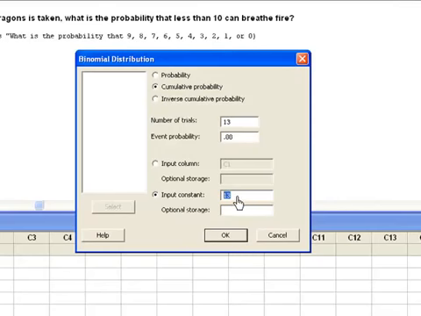And now for my input constant, I want the number 9, because remember that input constant in Minitab is going to give me the probability that x is less than or equal to whatever number I enter as an input constant. In this case, I want my probabilities beginning with 9.